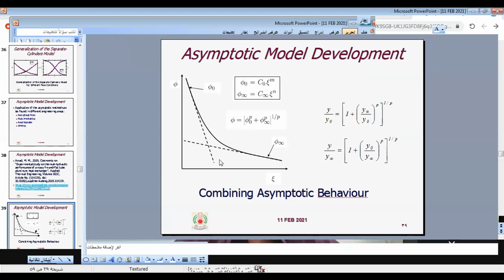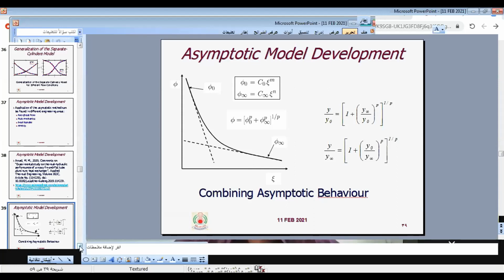For example, in this plot we have two dashed lines, which represent the asymptote at a low value of the x-axis and the asymptote at a high value of the x-axis, and we can obtain this near the intersection of the two dashed lines. We obtain this value of the y-axis either from numerical data or experimental data, or we can, for example, carry out our own experiment.